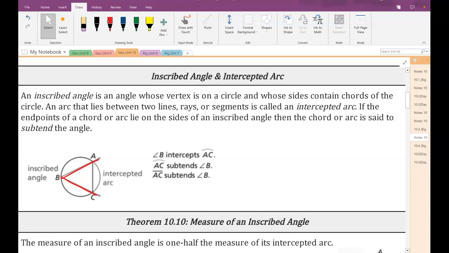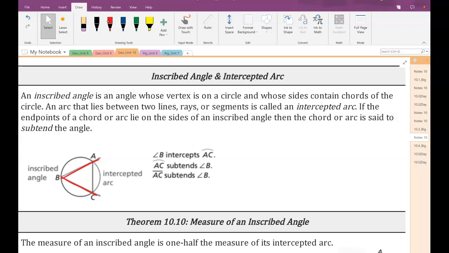And that's what the second sentence says. An arc that lies between two lines, these could be rays or they could be segments, is called an intercepted arc. And then if the endpoints of a chord or arc lie on the sides of an inscribed angle, then the chord or arc is said to subtend the angle.